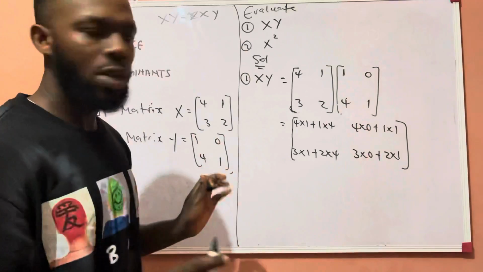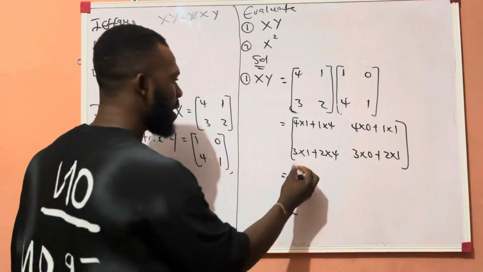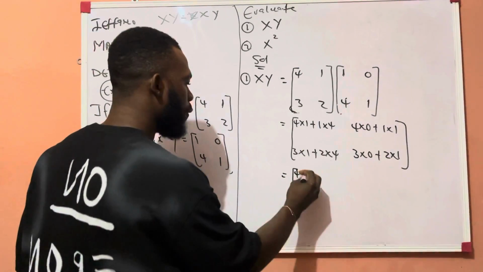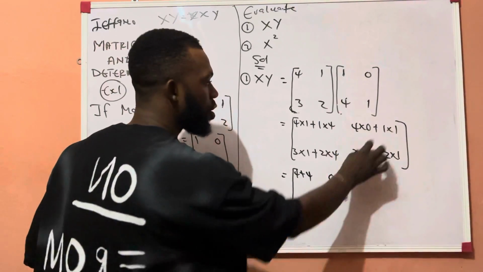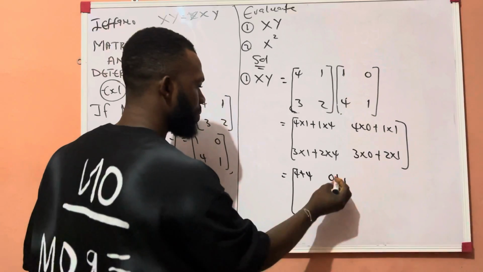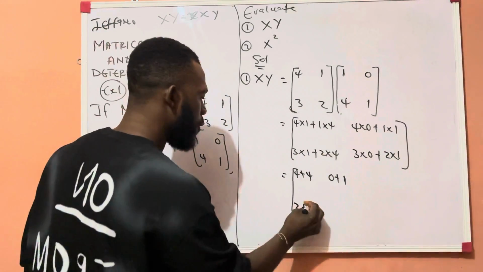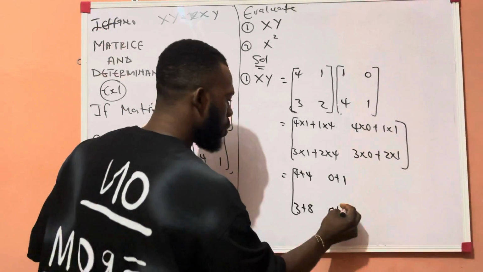That is how you go with it. Okay, now without wasting time, it becomes 4 times 1 is 4 plus 1 times 4 is also 4. 4 times 0 is 0 plus 1 times 1 is 1. 3 times 1 is 3 plus 2 times 4 is 8. 3 times 0 is 0 plus 2 times 1 is 2.